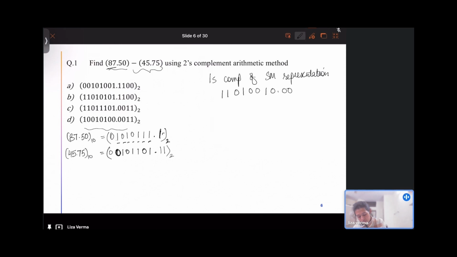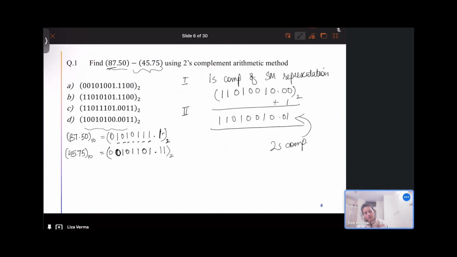This is the 1's complement representation of 45.75. This is the first step. The second step is to add 1 to this to get the 2's complement representation. This will be 1, 0.01001011. This is the 2's complement representation of minus 45.75.